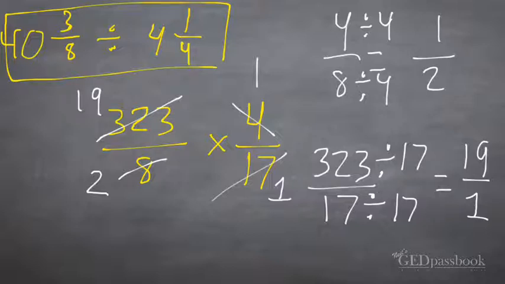But instead, we preferred to check our diagonals and simplify it right off the bat. Our 4 over 8 simplified down to 1/2. Our 323 and 17 simplified down to 19 over 1.